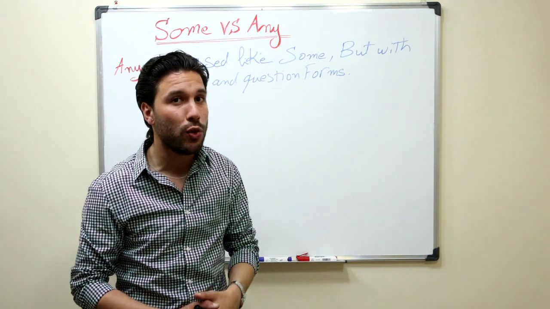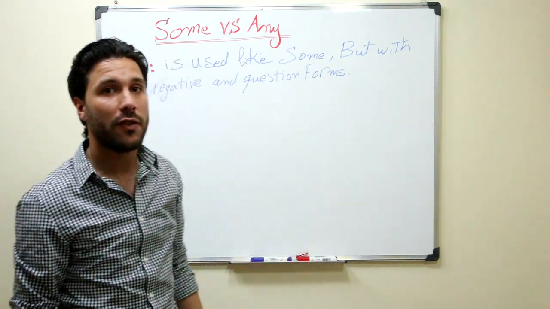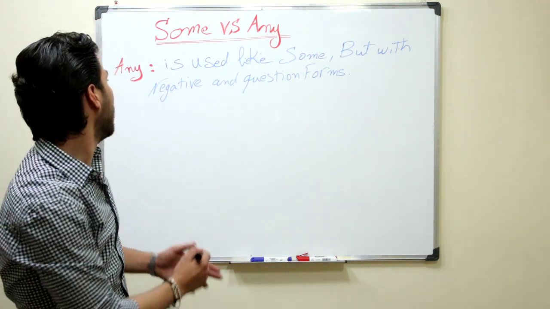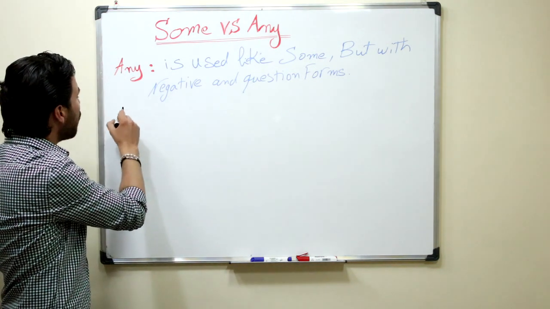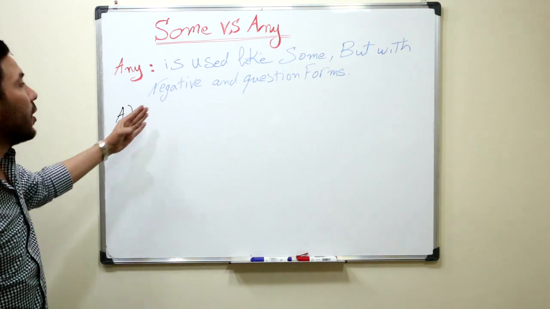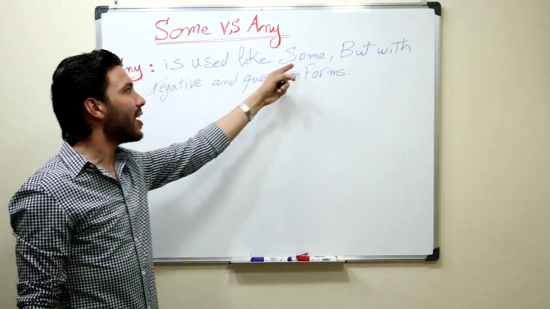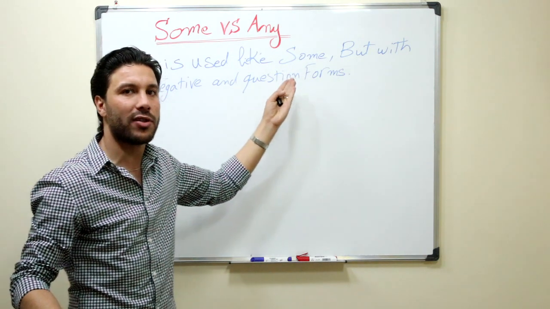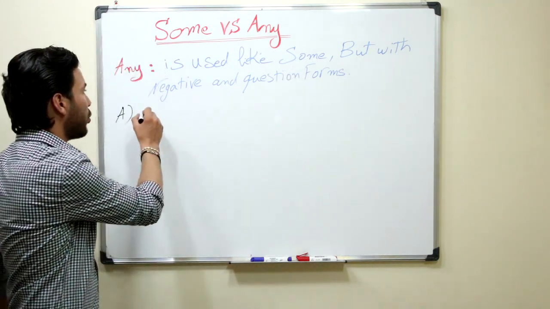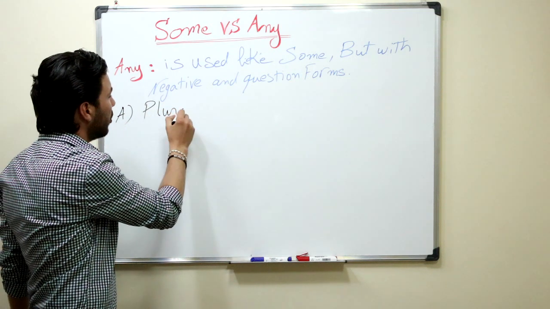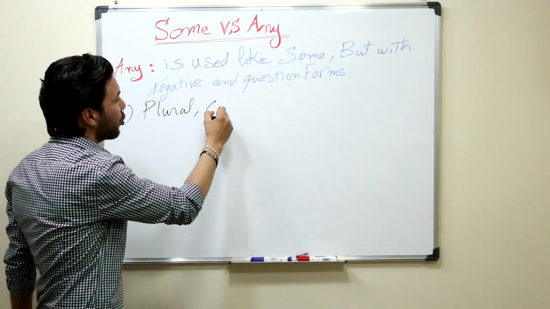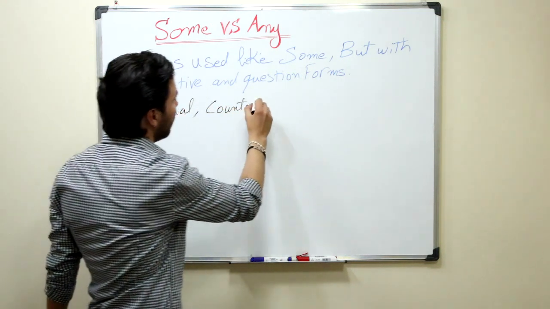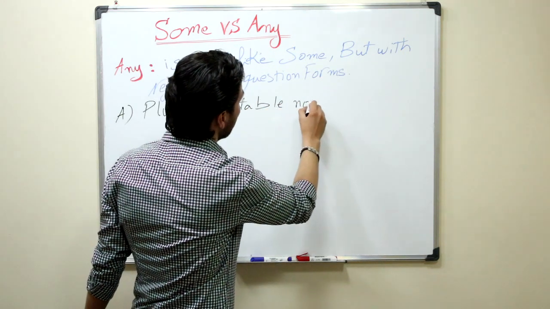Means we do not use any with positive forms. So keep this in mind. Let us move to the first rule. The first rule, as the rule here says, like some, means the same rules apply as for some. And of course here we are going to see plural and countable nouns.